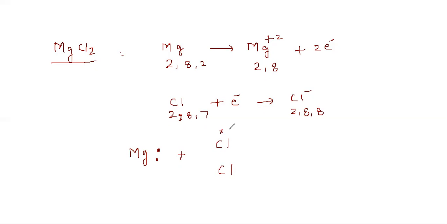So outermost shell electrons of chlorine are 7, so they are shown here. This electron will be transferred, and this electron will be transferred to this chlorine atom.